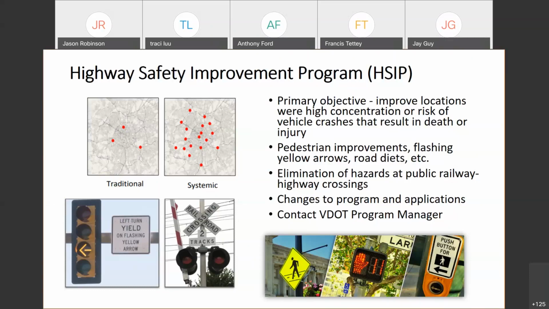I will say that if you folks have areas of high safety concern, high accident, you've had some deaths or injuries at a particular intersection or things like that, to definitely work with your residency and district staff to bring that to their attention and have them see if they can't obtain some HSIP funding. Again, it's not the way it used to be as far as the localities directly apply through the portal, but there still might be some opportunities to find some funding for that, especially if it falls under the systemic approach that we've taken with the program.